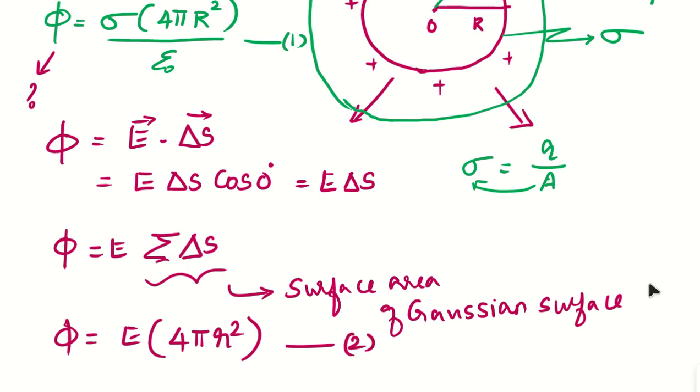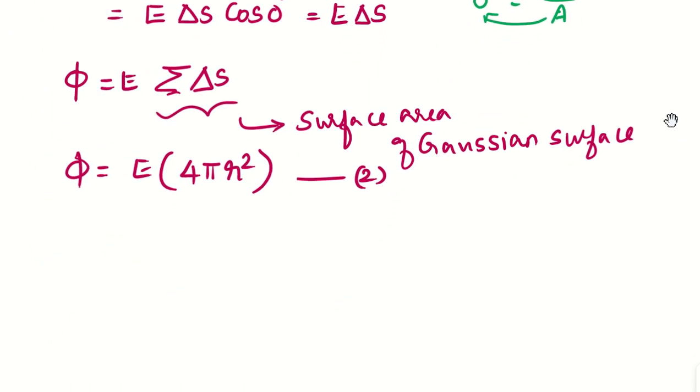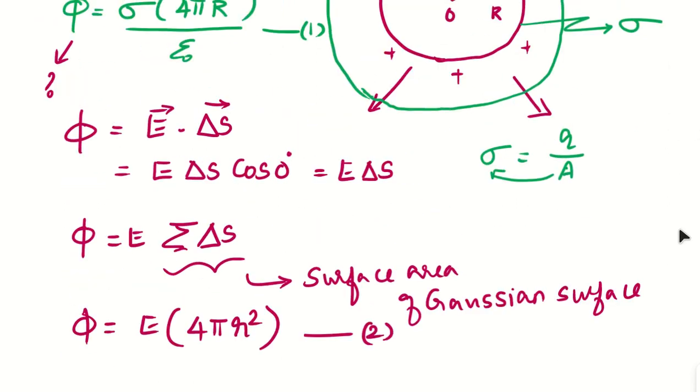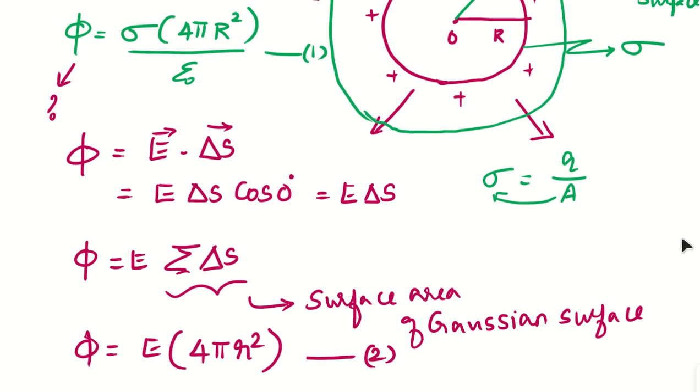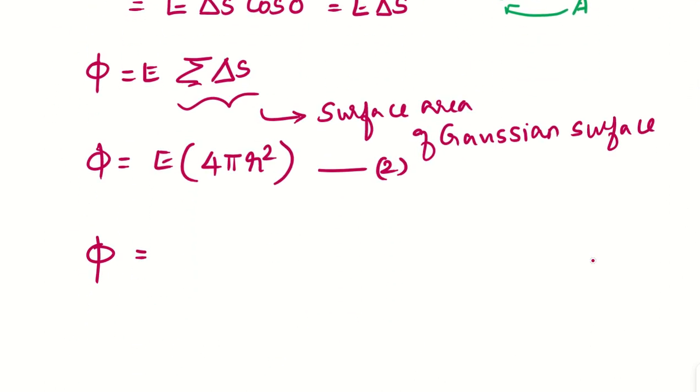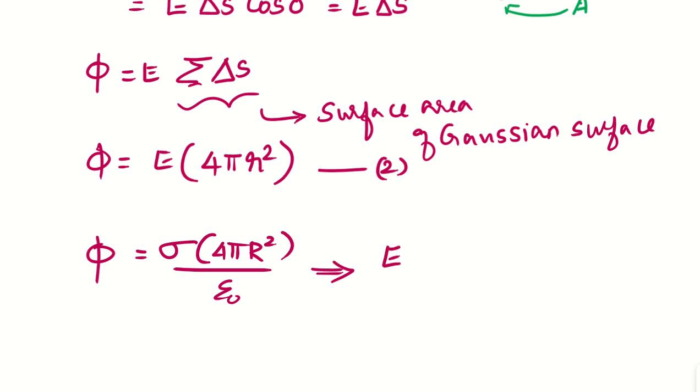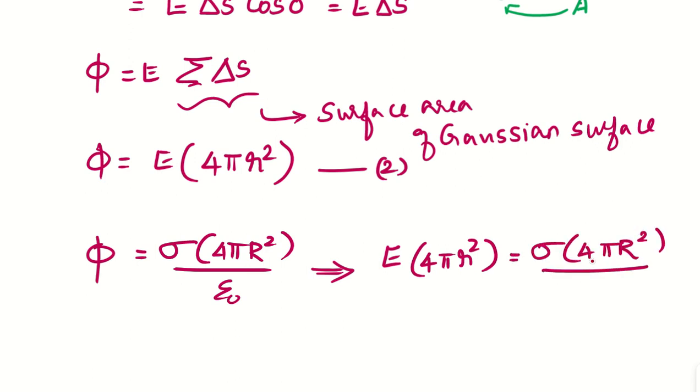Now substitute equation 2 in equation 1. Earlier we had phi equals sigma 4 pi capital R squared divided by epsilon naught. Now, instead of flux, we write E 4 pi r squared, which is equal to sigma 4 pi capital R squared divided by epsilon naught.